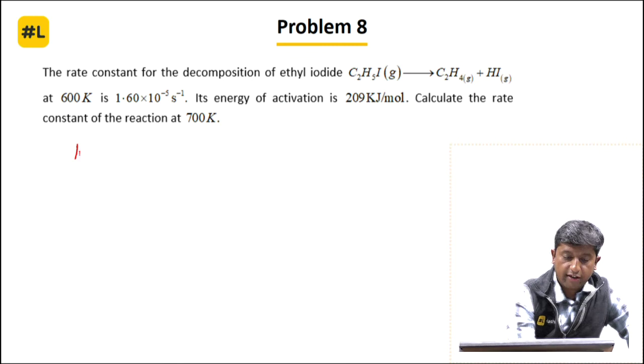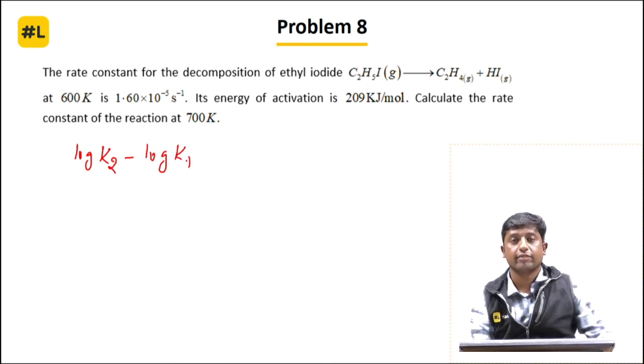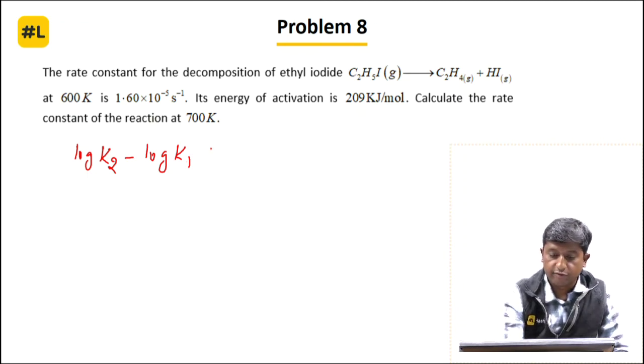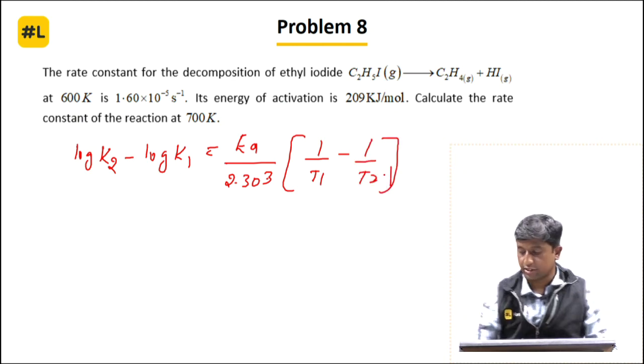Again, we have Arrhenius equation, log of K2 minus log of K1. Instead of writing log of K2 by K1, I am writing that as log of K2 minus log of K1 will be equal to EA divided by 2.303 R into 1 by T1 minus 1 by T2. So, we can write this equation.